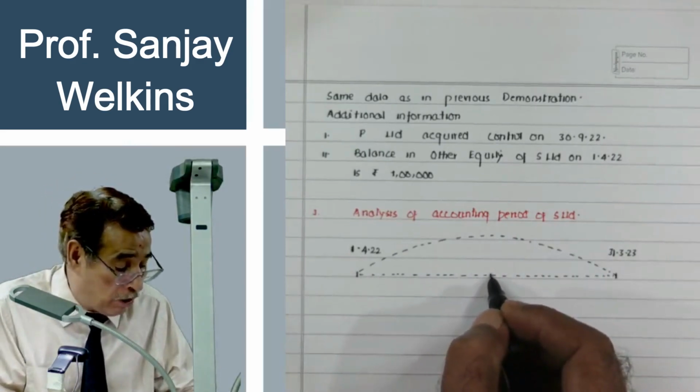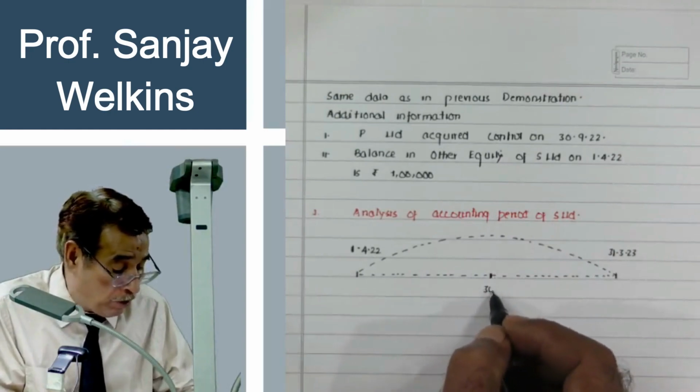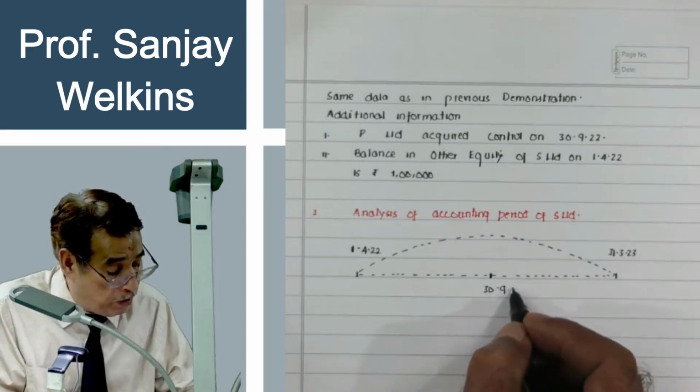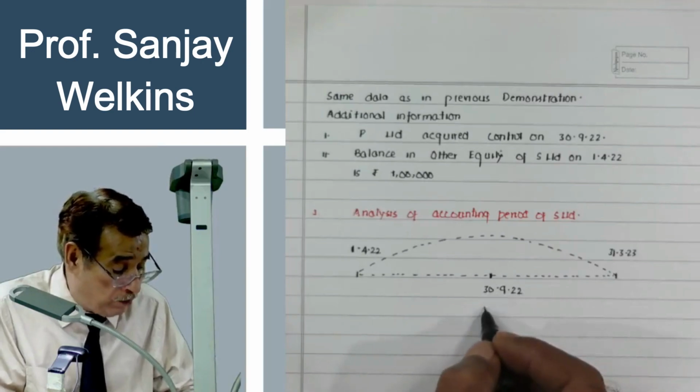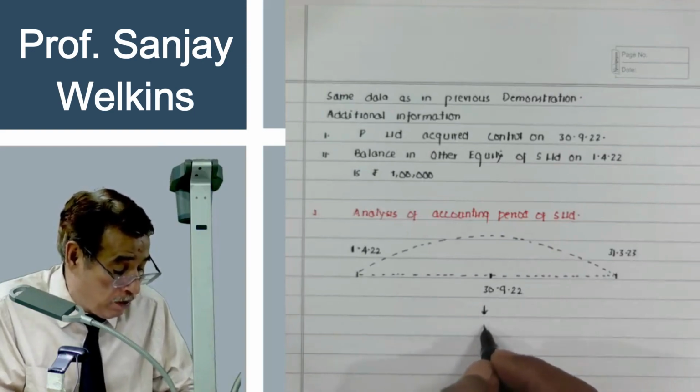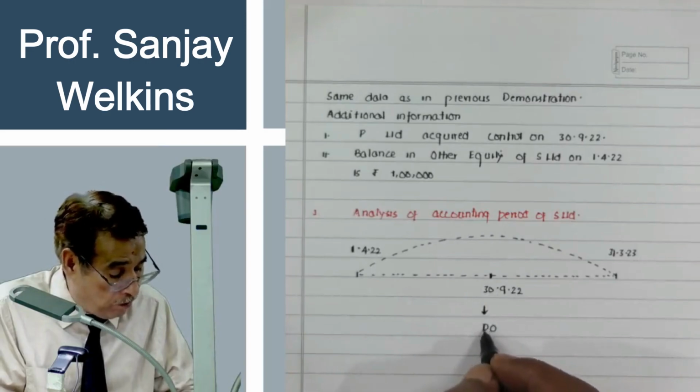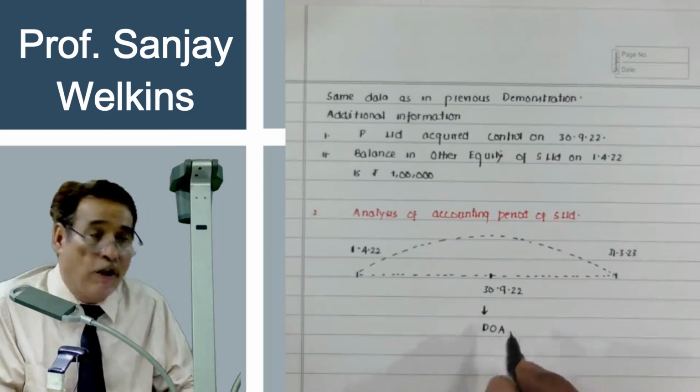However, control is acquired on 30th of September 2022. This is the date of control, the date of acquisition, because you will acquire control only when you acquire the shares.